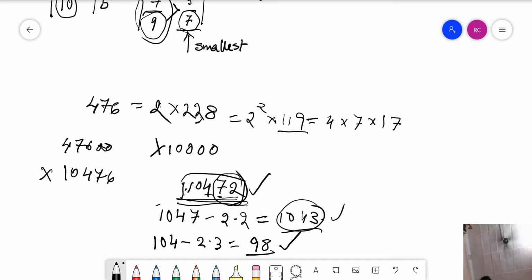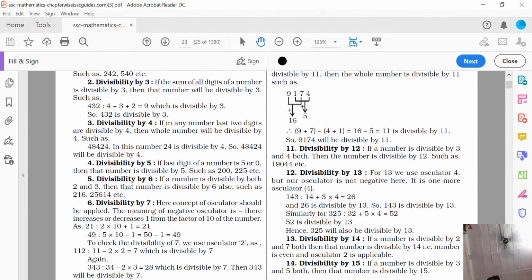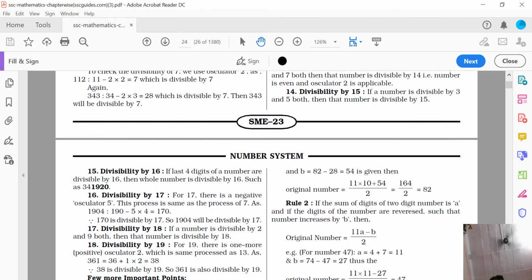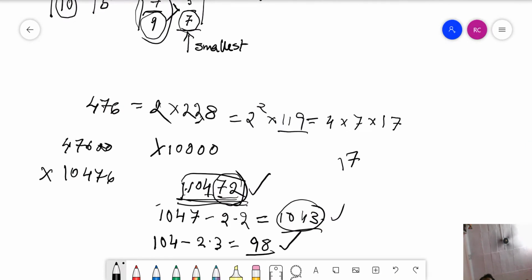We are left with 17. What is the divisibility of 17? So the osculator here is 5. It's the same as 7, except that in the case of 7 the osculator is 2.